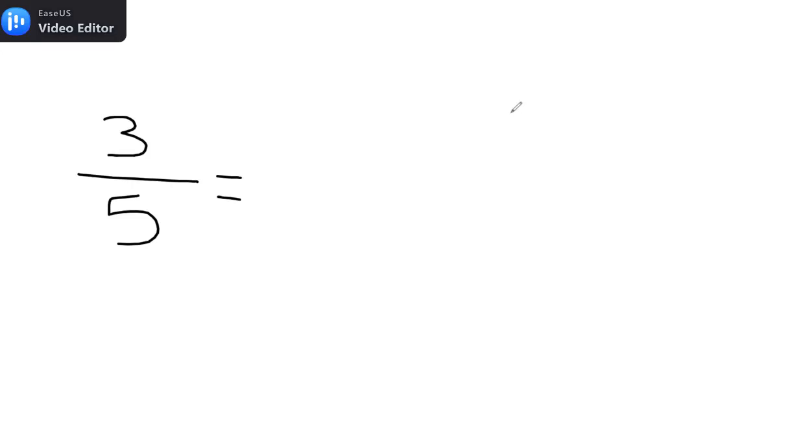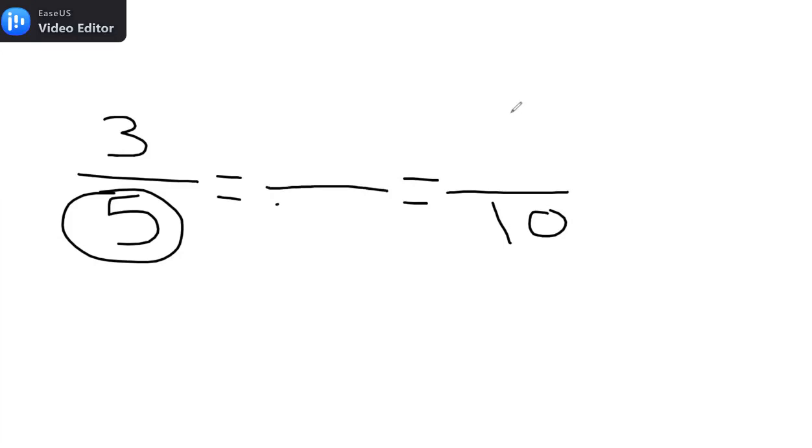So now the question is, can 5 in the denominator be 10? And how? How can we convert 5 into 10? Times 2. Excellent. 5 times 2.